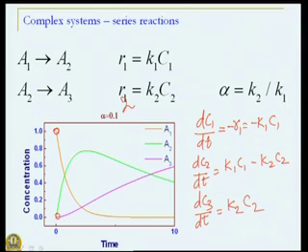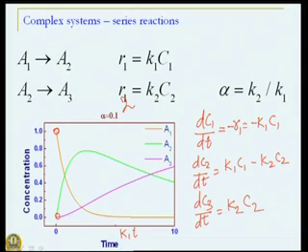To monitor the progress of this reaction, we measure its concentrations, and what you see pictorially in this graph is the simulation of these equations for a value of the ratio of K2 by K1. Now, it turns out that if you make these equations dimensionless, then time can be represented as K1 t. So, this is actually not real time, but K1 into t.